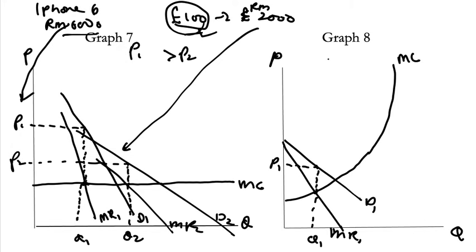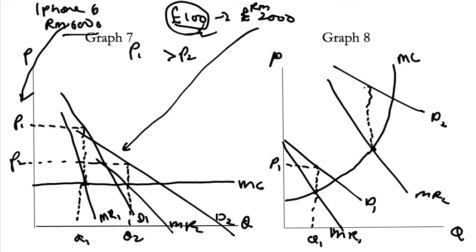But during school holiday, you have D2, MR2, MR2 equals MC, price will be higher, P2, Q2. So it is more efficient to charge a higher price because you need to follow the profit maximizing rule, given that the marginal cost has risen during peak periods.